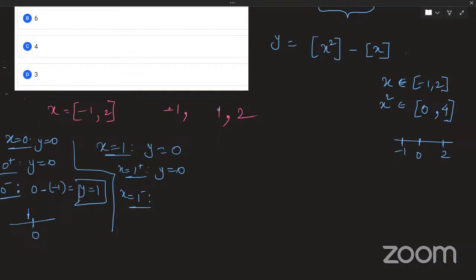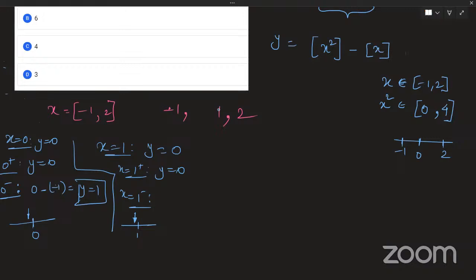GIF of x will be 0, the greatest integer function of a value just smaller than 1.